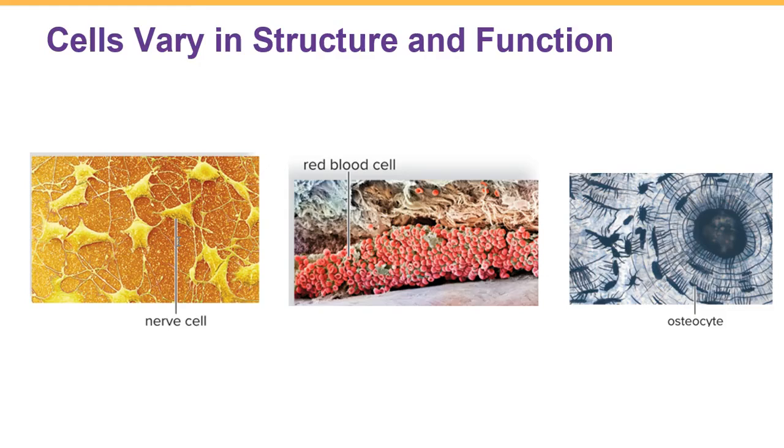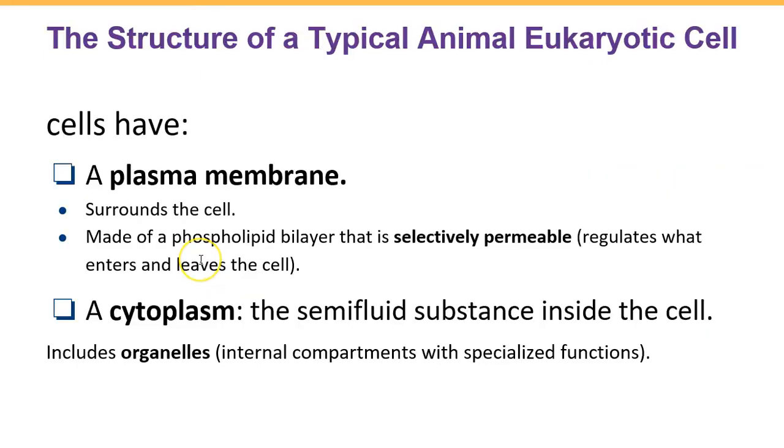Now let's talk about the main parts of a cell. We're talking about the structure of eukaryotic cells, like the cells in our human body. All cells have a plasma membrane which surrounds the cell, and inside we have cytoplasm.